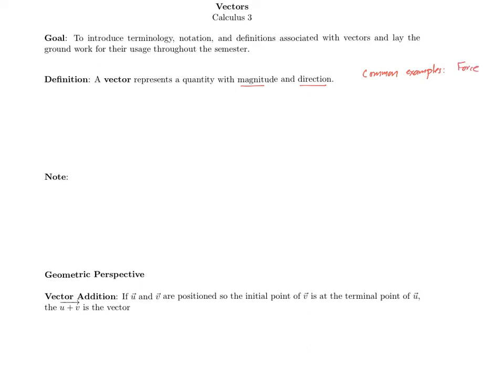There's a direction in which the force is applied, and there's a magnitude, i.e. an amount of the force. Similarly, we think of velocity as something that requires a vector as well. There is the direction of travel, and then the speed, the magnitude, at which one is traveling.